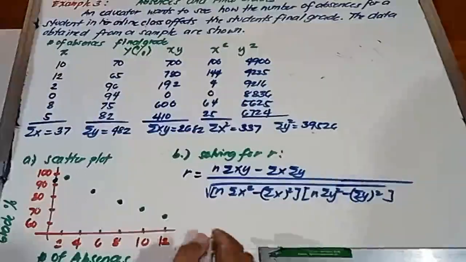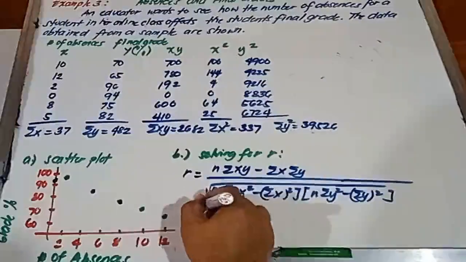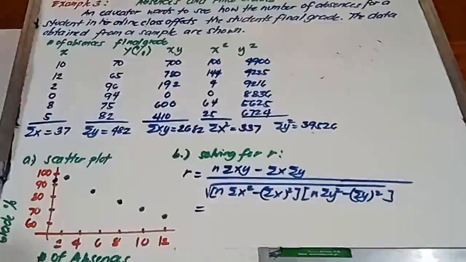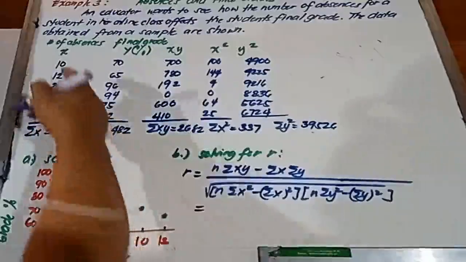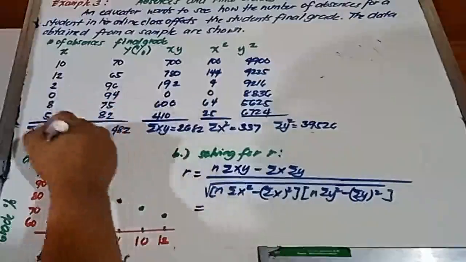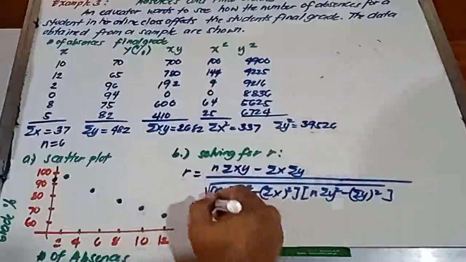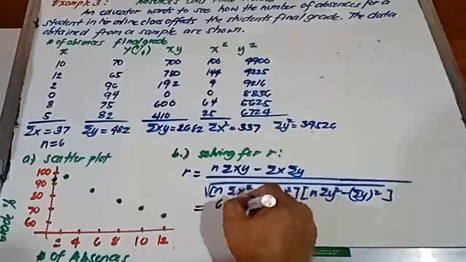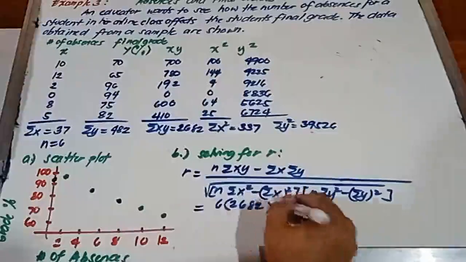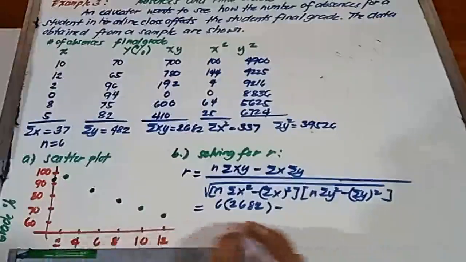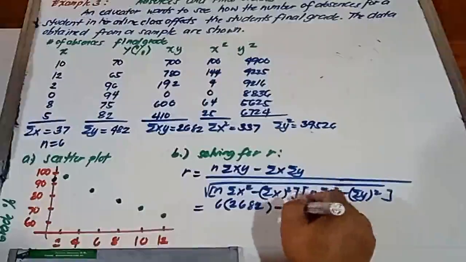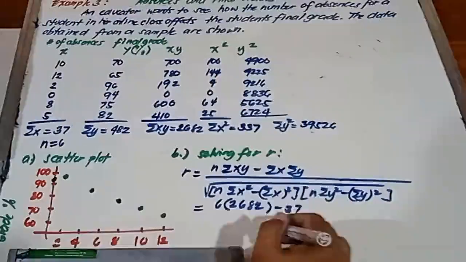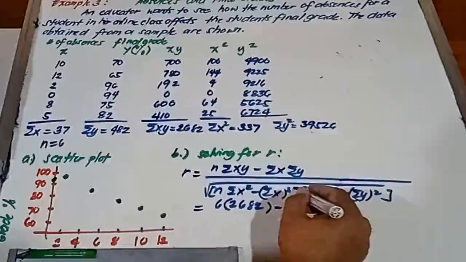Then substitute natin sa ating formula para makuha natin yung r. We have n is ilan to? 1, 2, 3, 4, 5, 6. So n equals 6. 6 times summation of xy, which is 2682, minus summation of x is 37, and summation of y is 482.